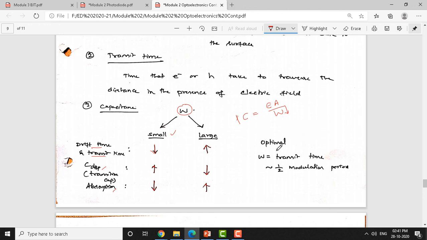Now, let us choose an optimal value, so that you get more benefits, more response speed from the photodetector. The depletion width must be chosen such that the transit time is half of the modulation period. Let us not go into more detail about what we mean by modulation period. It is just a formula we use to estimate the optimal depletion width.